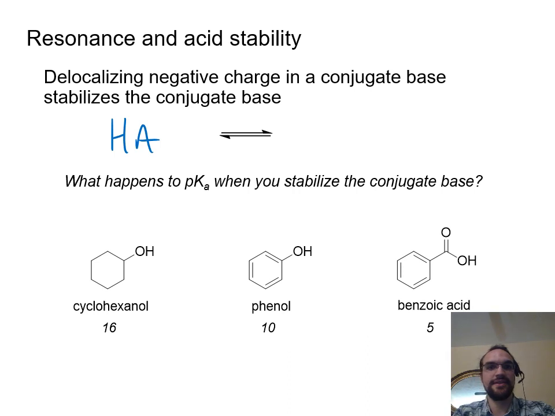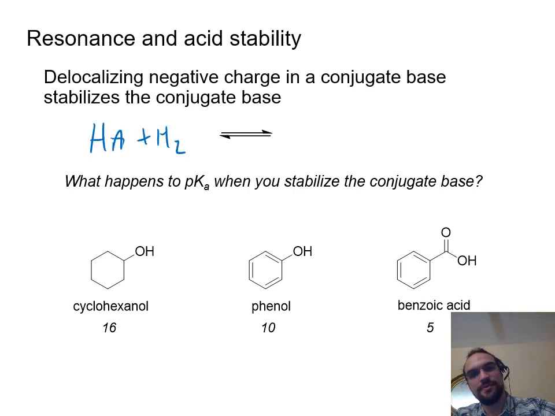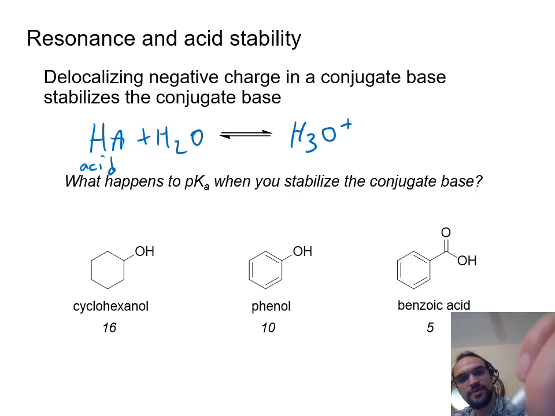If I call this HA, and let's say it's reacting with water, so it's dissociation in water. If this is the acid, it's going to give its proton to water, and we're going to make H3O plus, and the conjugate base of the acid.